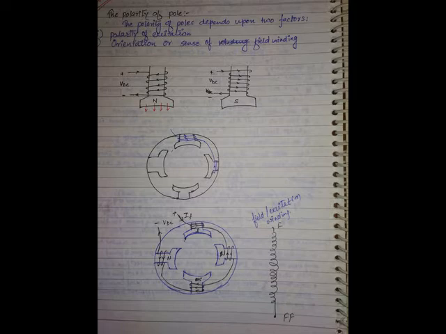Alloyed means mixed with silicon, around 3.5 to 4% only. Listen, this is the material.